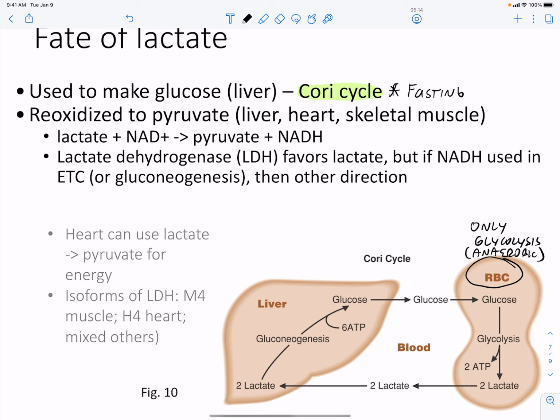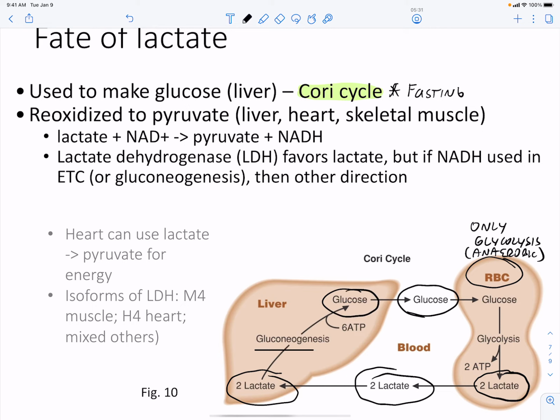They have no mitochondria. They have no way to do aerobic respiration. And so they're always going to generate lactate. They will release the lactate in the blood, and the liver will pick up the lactate and, through gluconeogenesis, make more glucose. The glucose will be released into the blood, picked up by the red blood cell, and you're going to keep this cycle going.